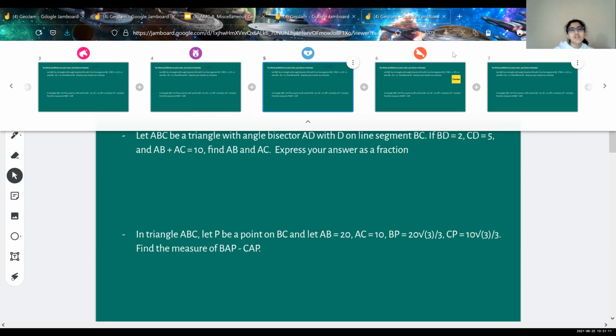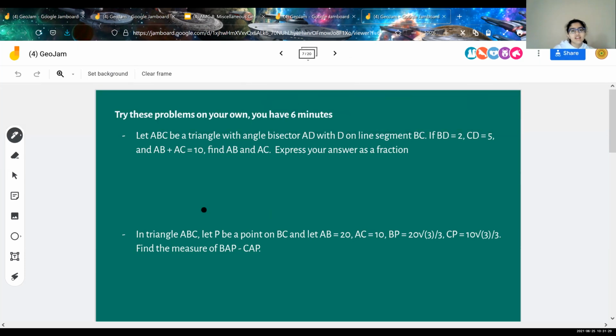So again, make sure that you have your own slide, that you're doing the work. So make sure that you're drawing a diagram. Use this little pen over here, and you can draw like a triangle.